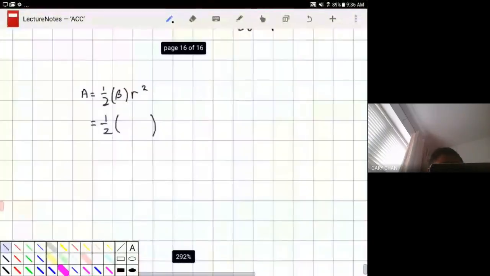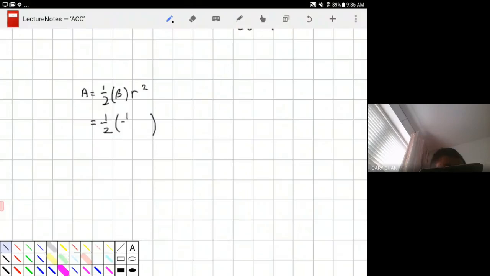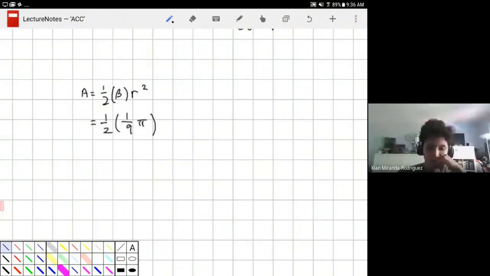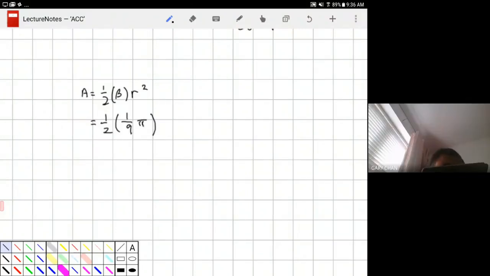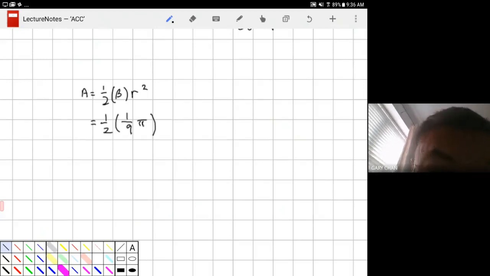Yeah. So I'm going to throw in there 1/9 pi. And, Michael, what is the length of the radius? 3. So 3 squared.